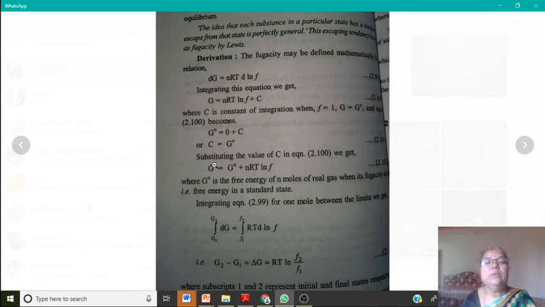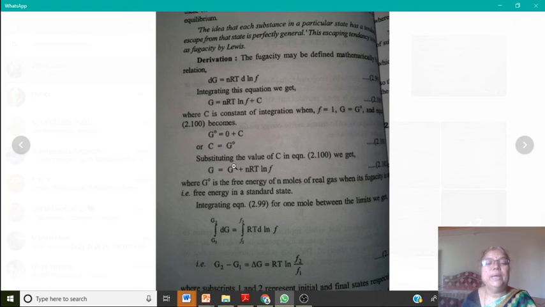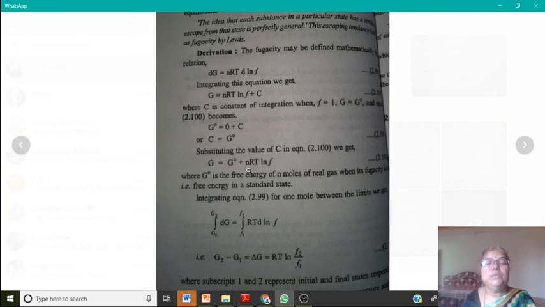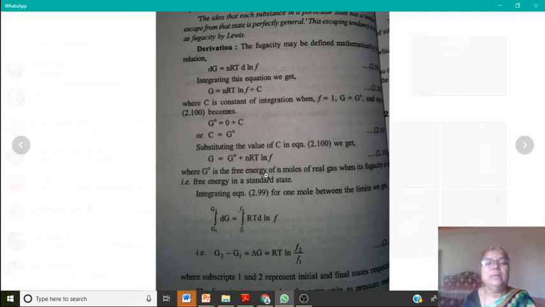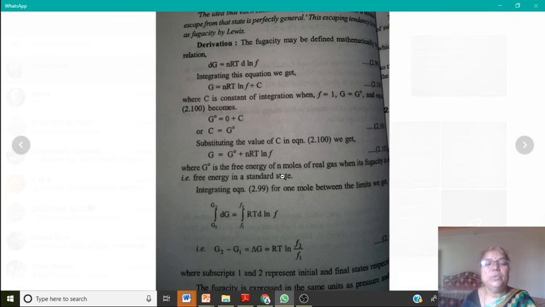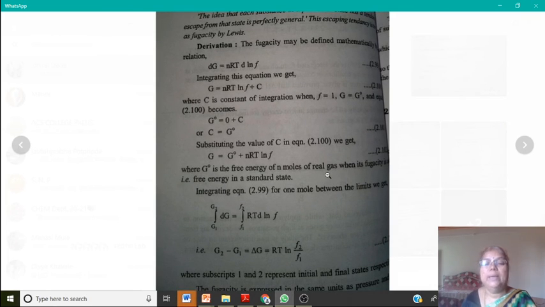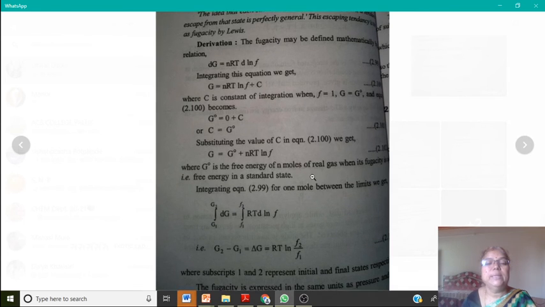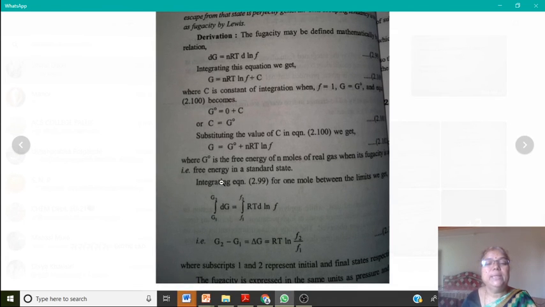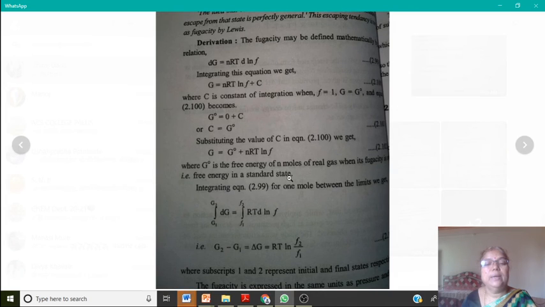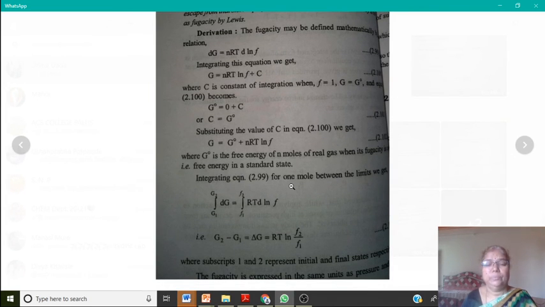Then substituting the value of c in this equation, we get G equals G0 plus RT ln f, where G0 is the free energy of n moles of real gas when its fugacity is unity, that is, the free energy in a standard state.